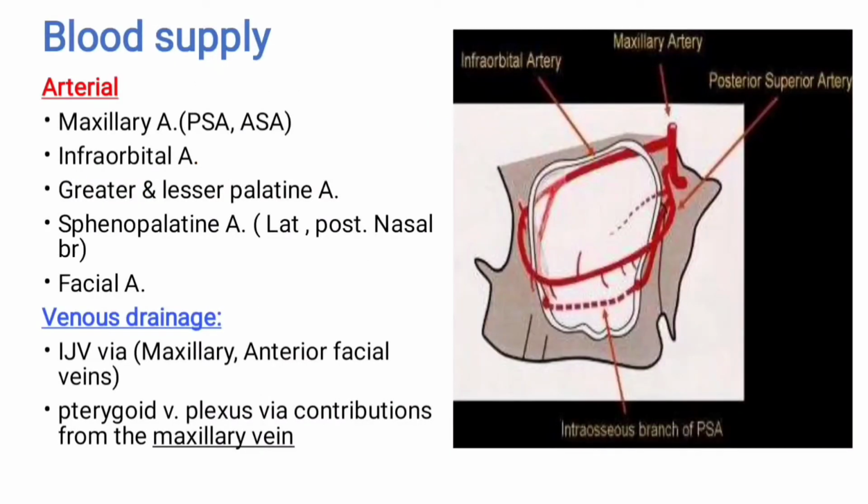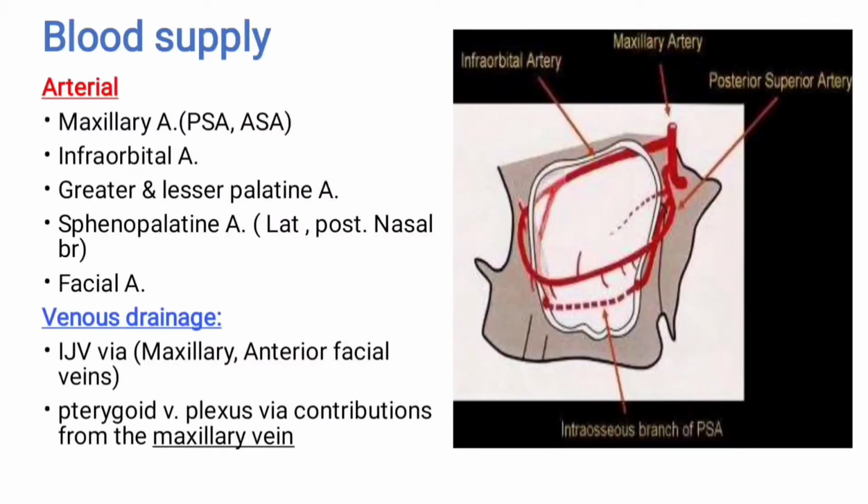The blood supply of the maxillary sinus includes the vessels that pass in these regions to supply either the upper maxillary teeth or the infraorbital structures, like the posterior superior alveolar and anterior superior alveolar vessels, greater and lesser palatine, and nasopalatine.